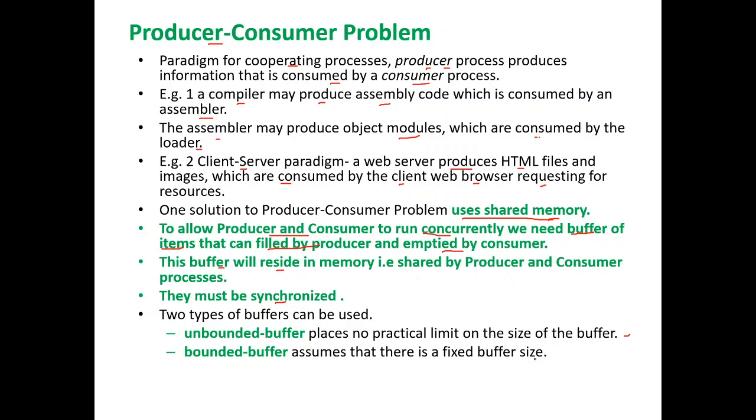Another is the bounded buffer, where we assume that the size of the buffer is fixed. In this case, the consumer must wait if the buffer is empty and the producer must wait if the buffer is full. So this is all about the two types of buffer that are used in the shared memory, unbounded buffer and the bounded buffer.